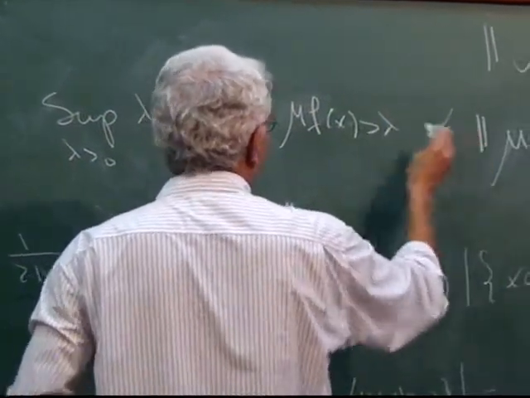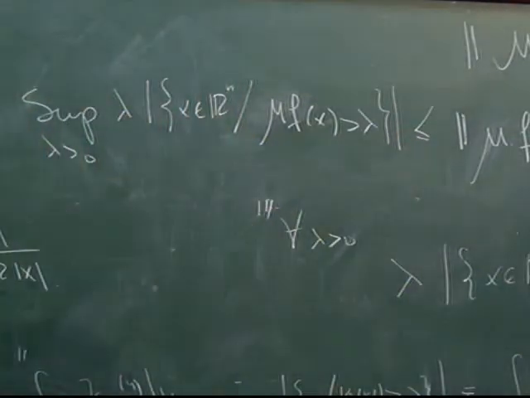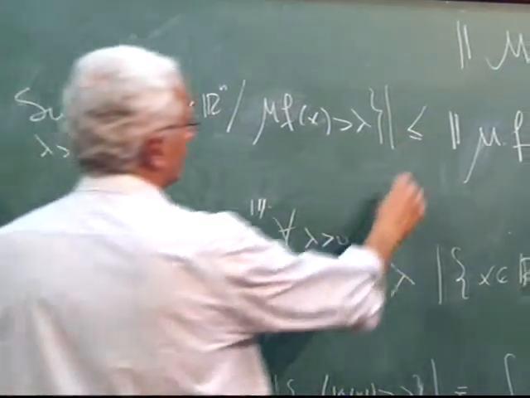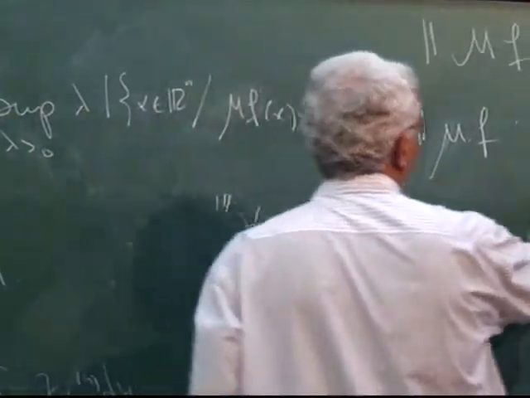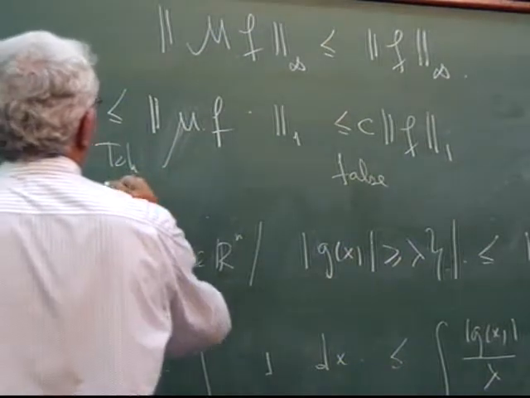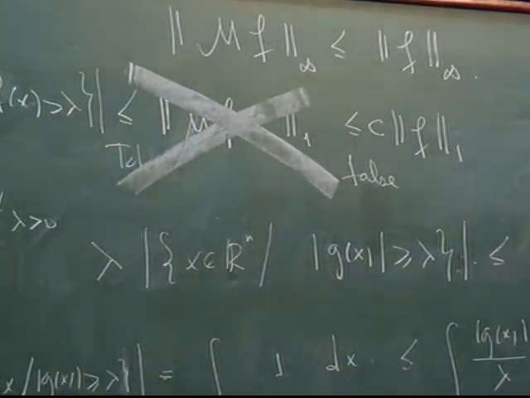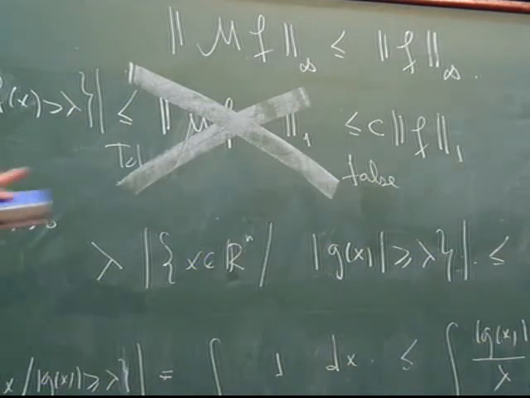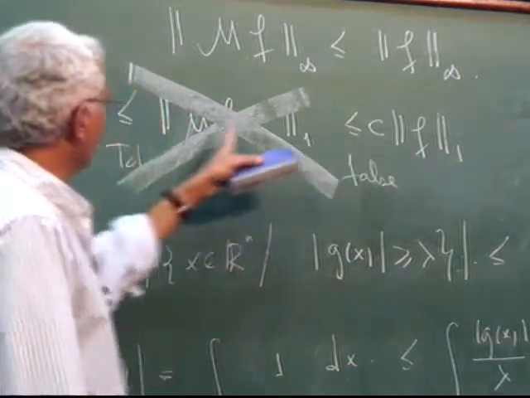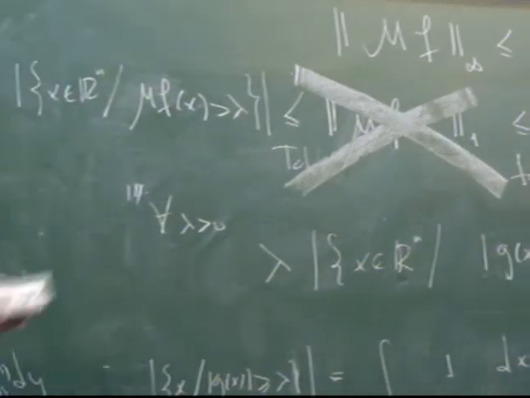I don't have to put absolute value because it's always positive. Okay? Then this is always true because this is Chebyshev. This is false. We just saw it. But what is true is this. The L1 norm of f doesn't bound this quantity, but it bounds this quantity that is a little bit smaller.